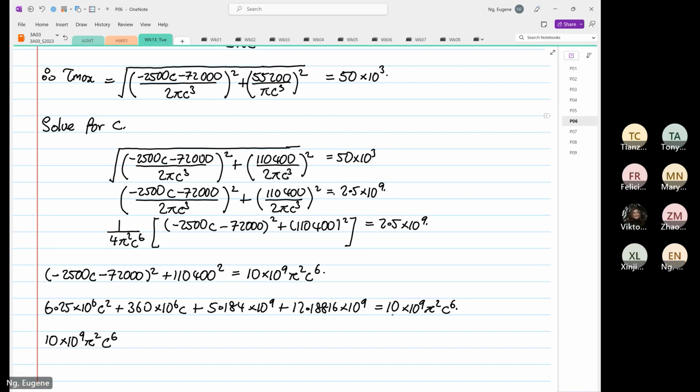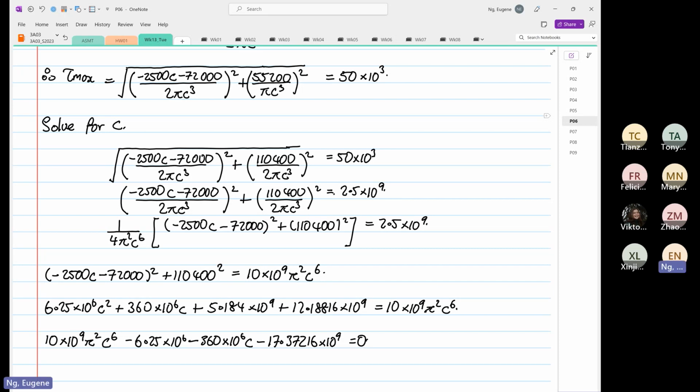minus 6.25 times 10 to the power 6 C squared minus 360 times 10 to the power 6 C minus 5.184 times 10 to the power 9 plus 12.18816 times 10 to the power 9, which gives 17.37216 times 10 to the power 9.